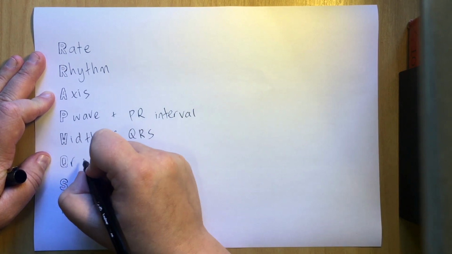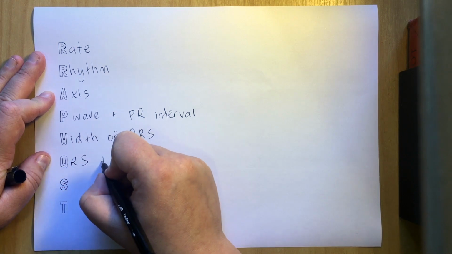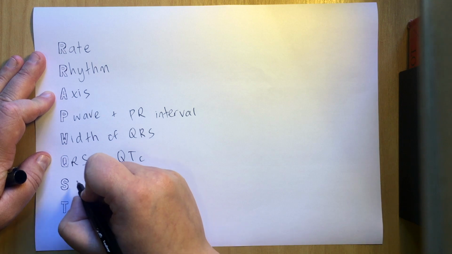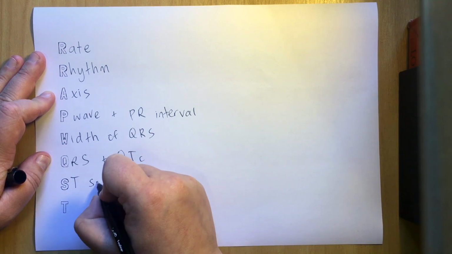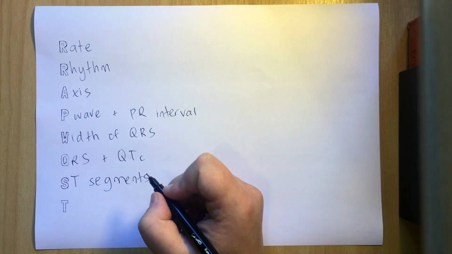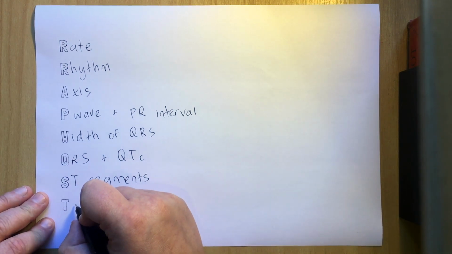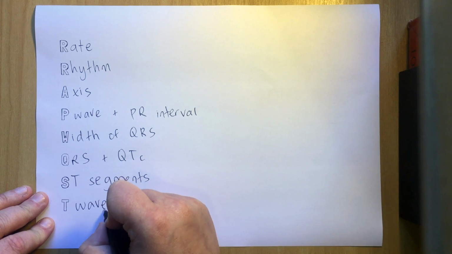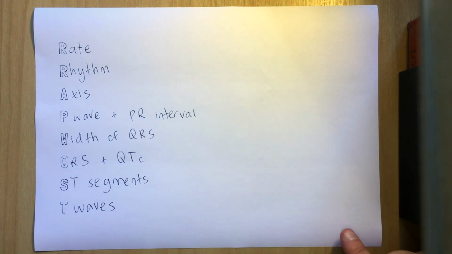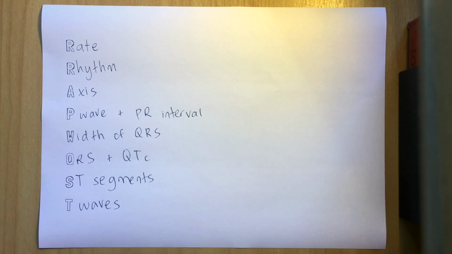The Q is QRS and the QT interval, QTc. S is for the ST segments. And T is for T waves. So that's the system. It's really simple.